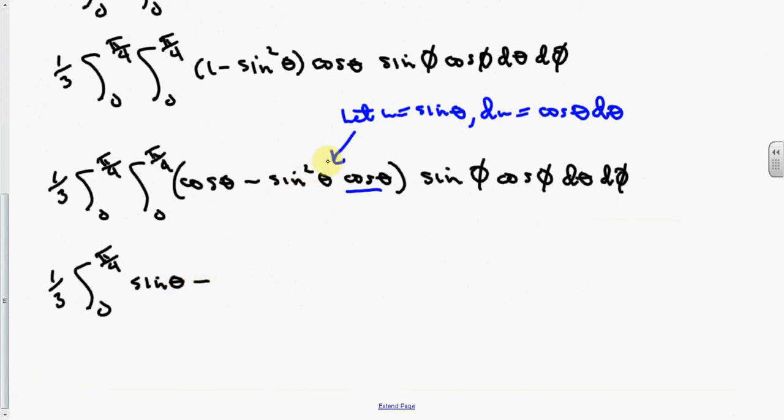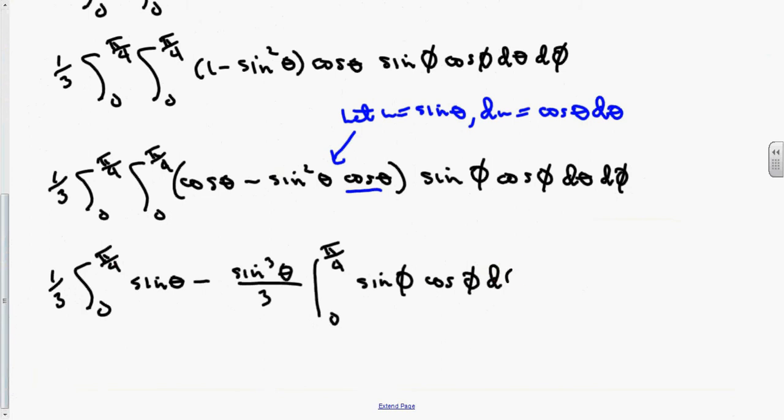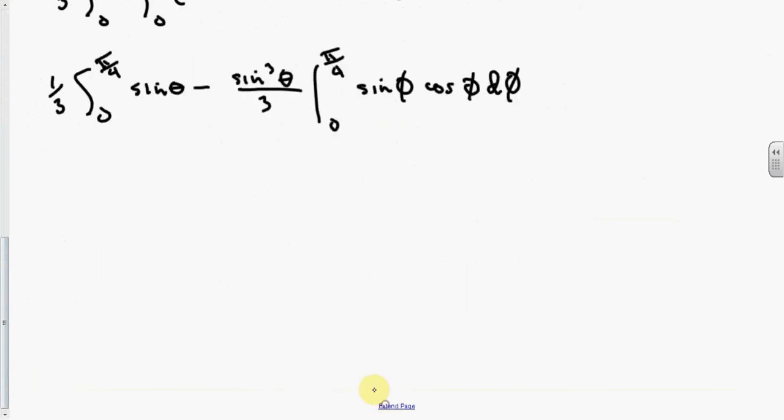This is minus, if u is sine, so then when I integrate u, I get u to the third divided by 3. So that is, the u is sine, so u to the third is sine cubed theta all over 3. Here we evaluate the thetas from 0 to pi over 4. On the outside we have sine phi cosine phi d phi.